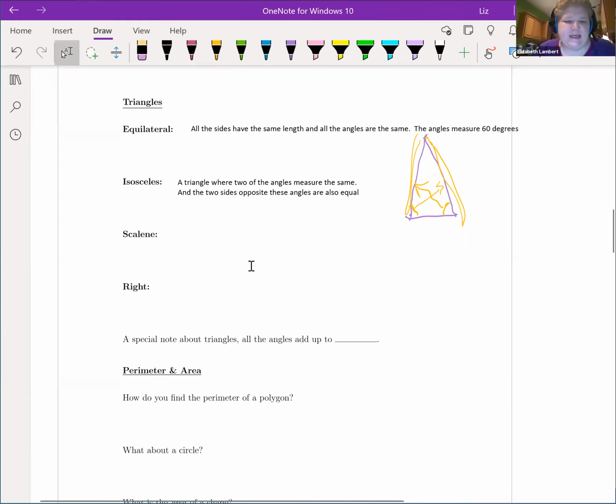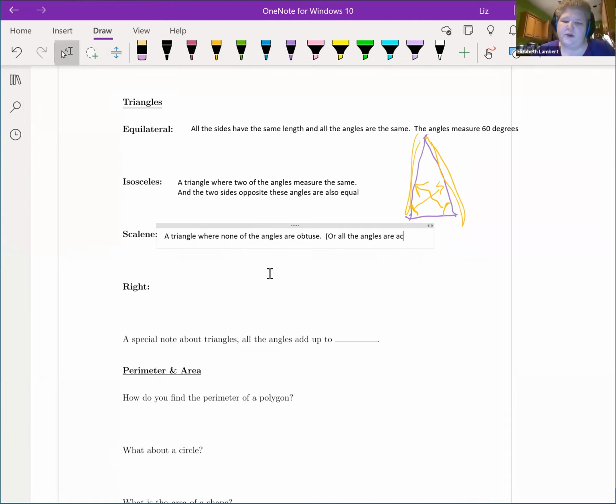All right, scalene, it's a term we use right now, and then it never really shows up again. So this is a triangle where none of the angles are obtuse. Sometimes they'll say all the angles are acute. So the first one would allow a right triangle to count as scalene. I'm trying to remember. No, that's not it.